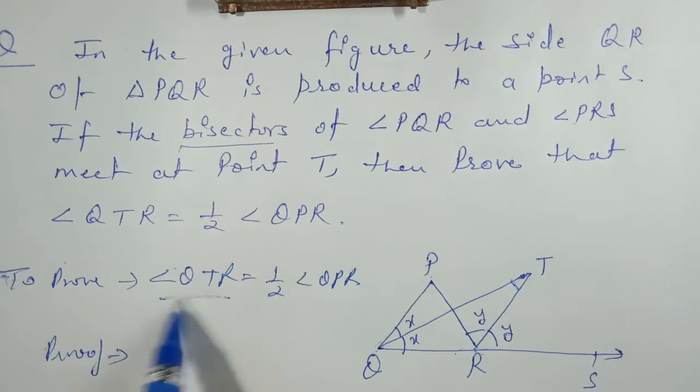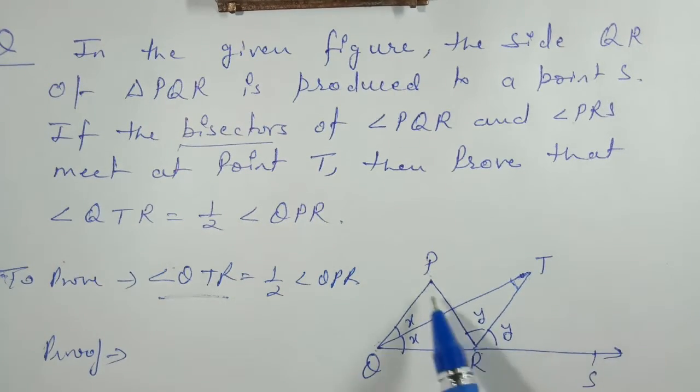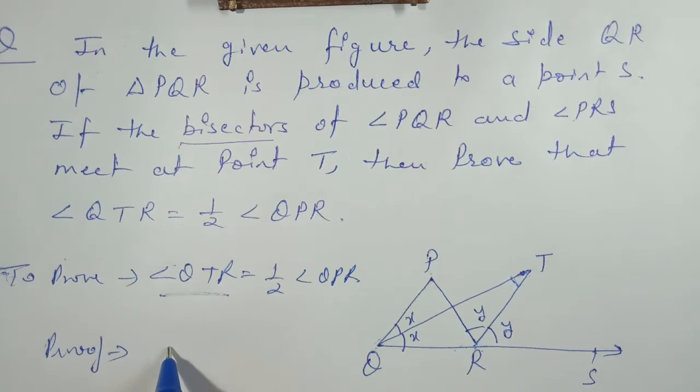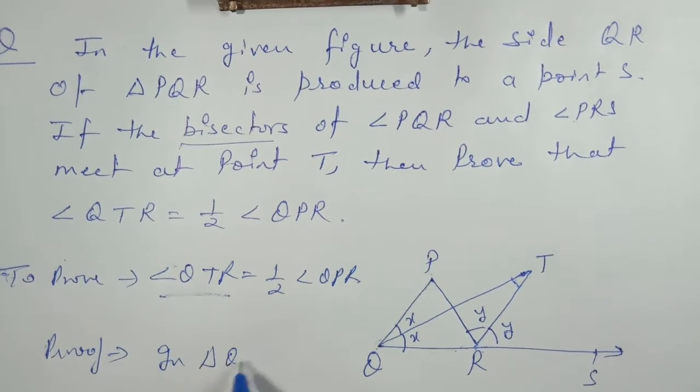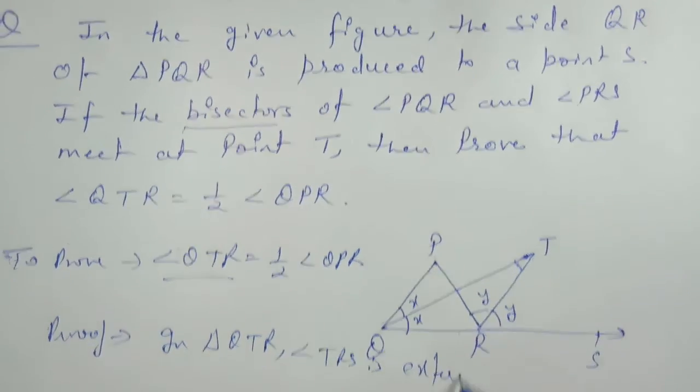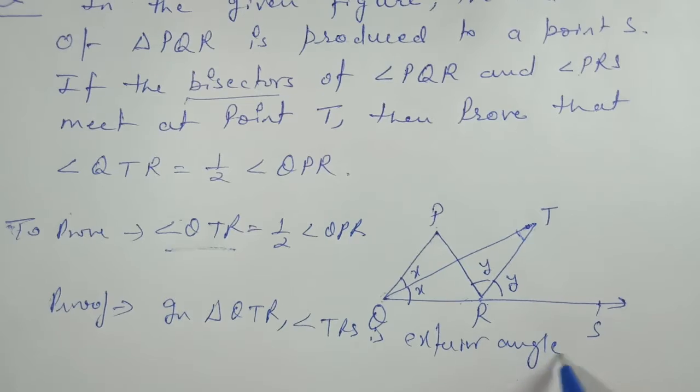See the left hand side portion. QTR is a triangle. In this triangle, TRS is the exterior angle. So we have to use the property of exterior angle. In triangle QTR, angle TRS is the exterior angle.